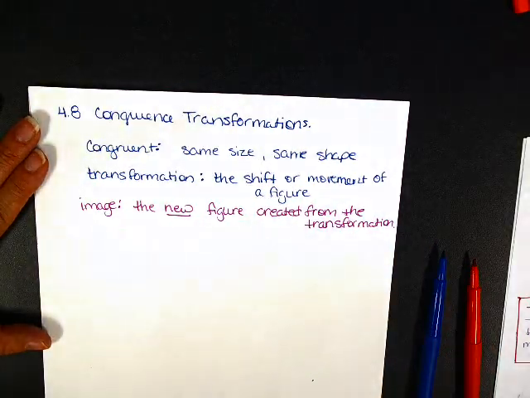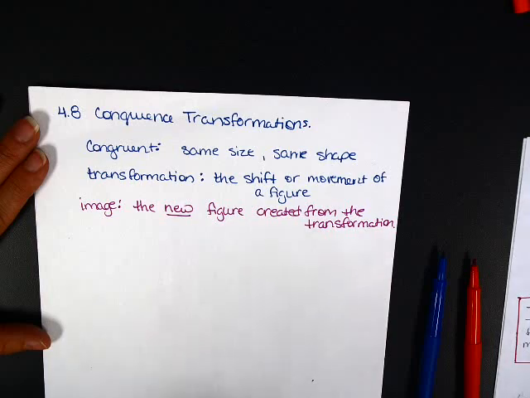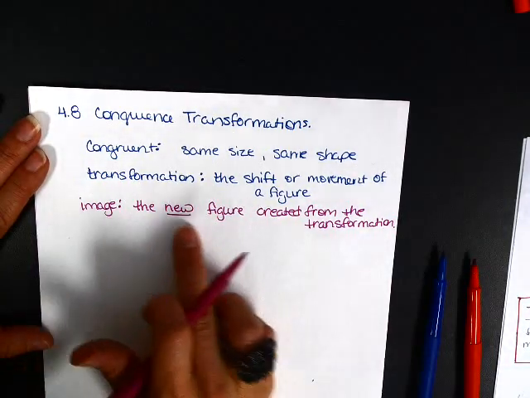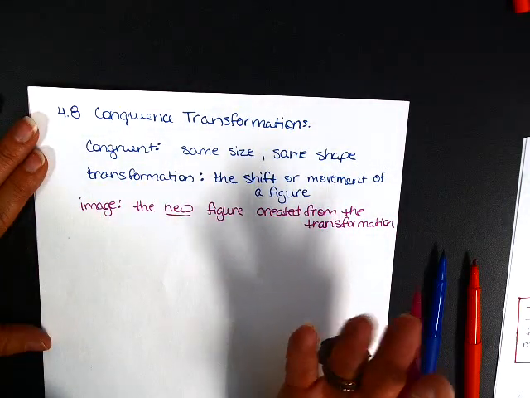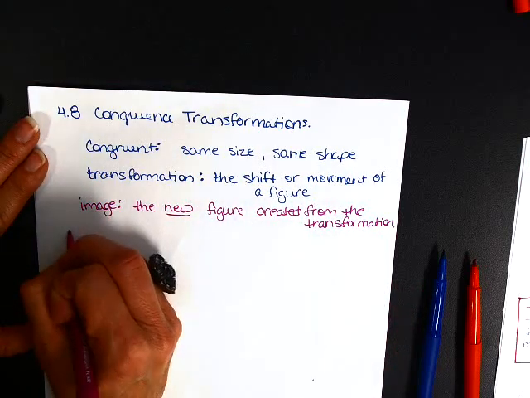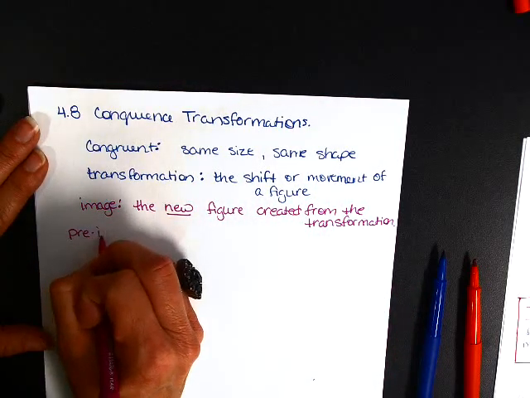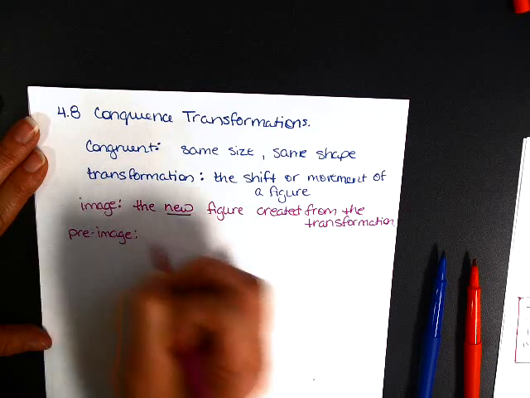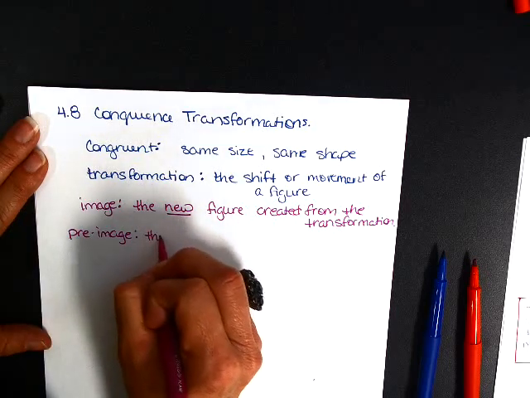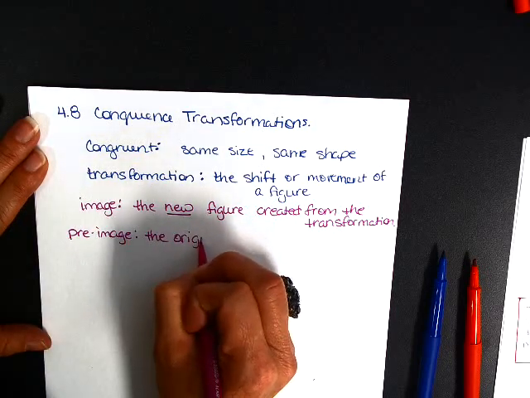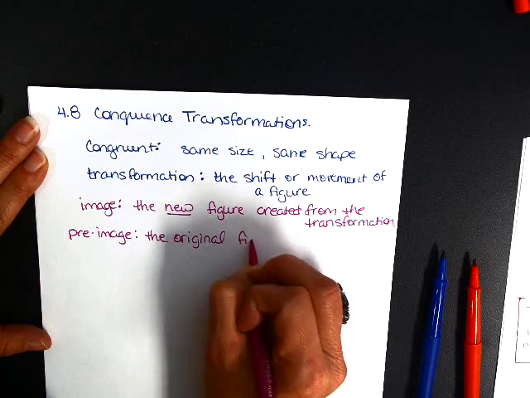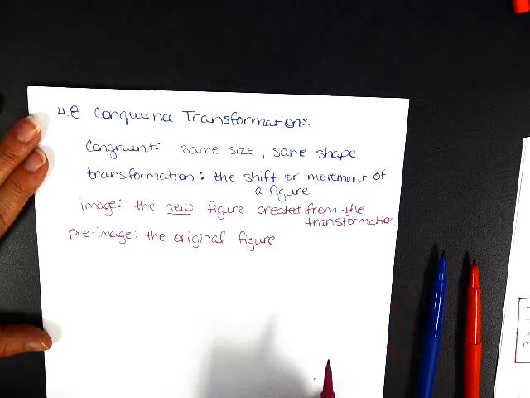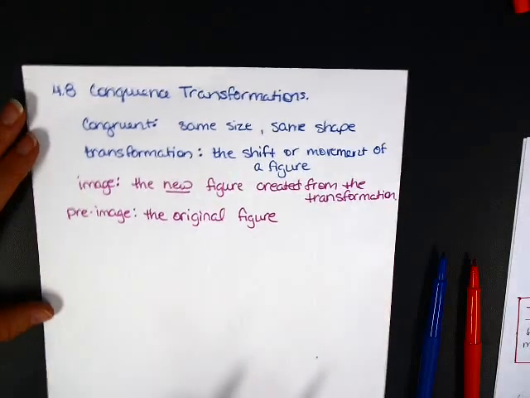As you might be asked, what are the coordinates of the image once it's been translated? And that would be the one that was just created. If you see the word pre-image, this is the original figure. So it's the one you started with. It was in that particular spot.